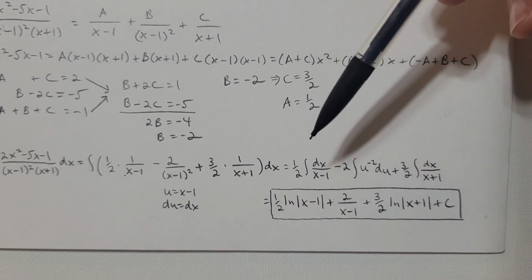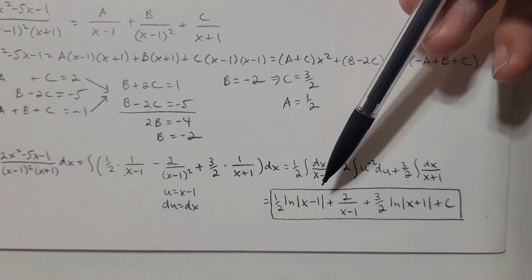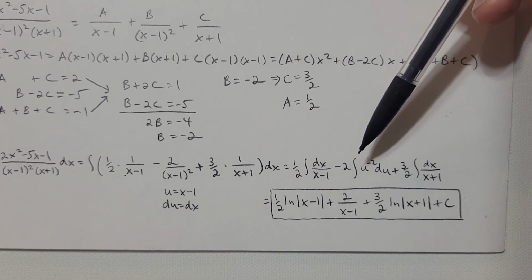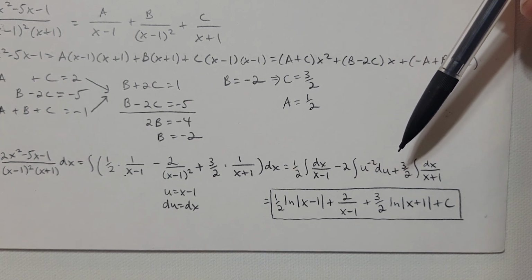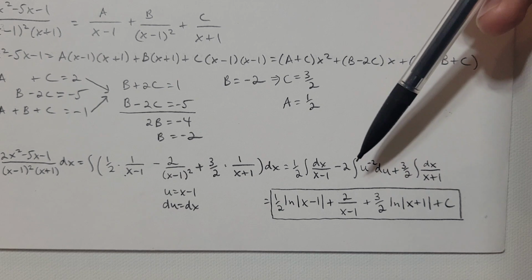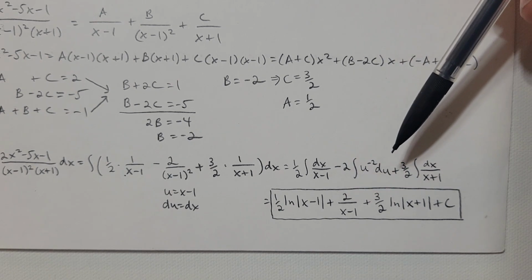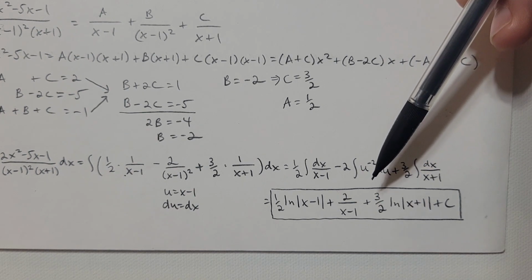Okay, and the answer then, I got 1 half times the ln of the absolute value of x minus 1 minus 2 times u to the negative first power divided by negative 1. Negative 2 times negative 1, that's plus 2. And then u to the negative first power, that's 1 over u.